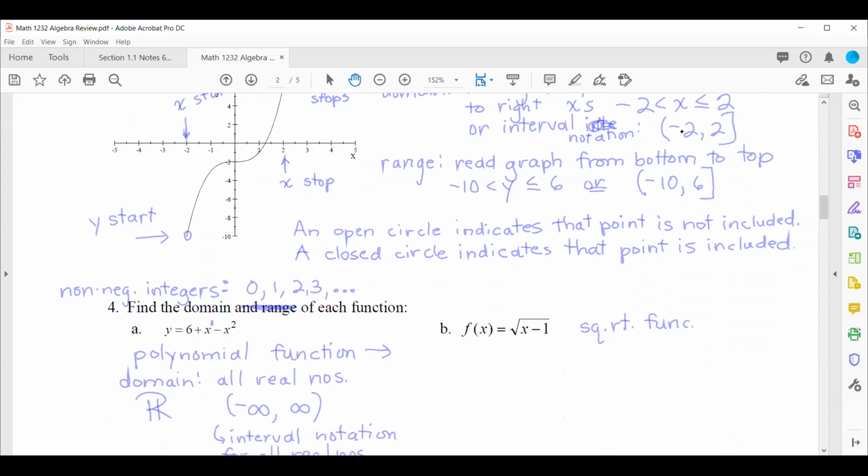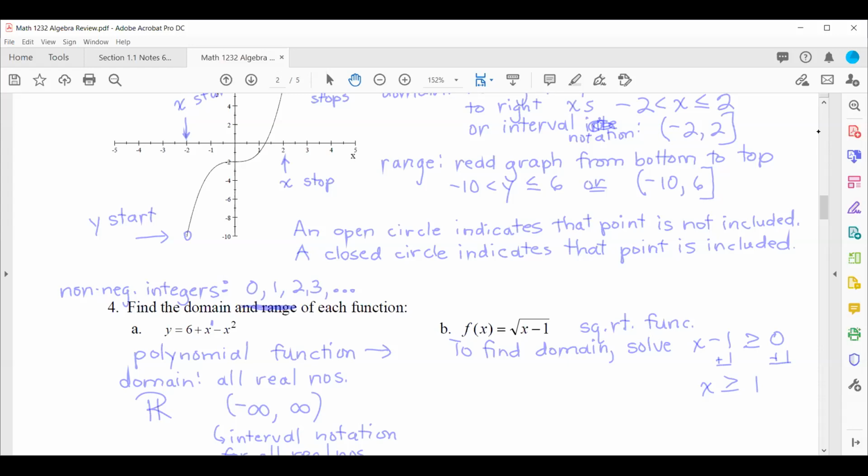So to find the domain of this one, I'm going to take x minus 1, set it greater than or equal to 0, and solve for x. And that's pretty easy to do. I just add 1 to both sides. And I get x is greater than or equal to 1. And that's actually one way to write the domain.